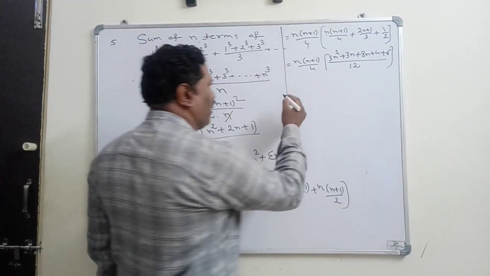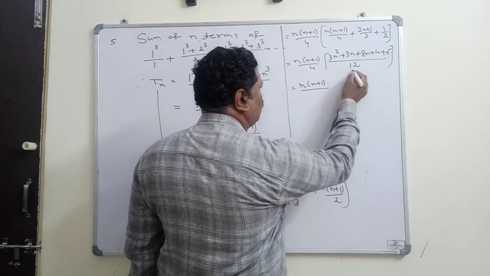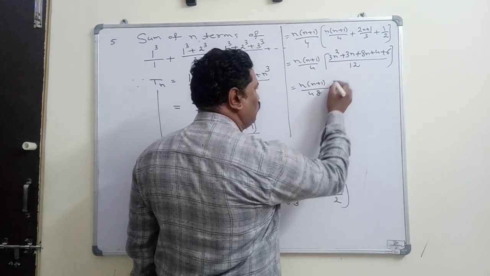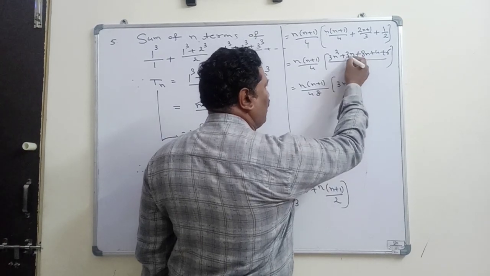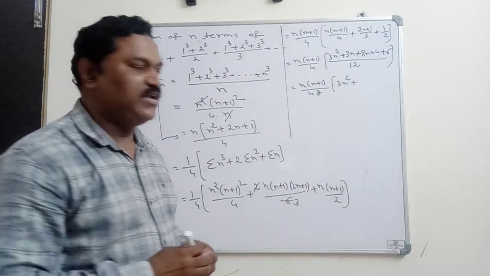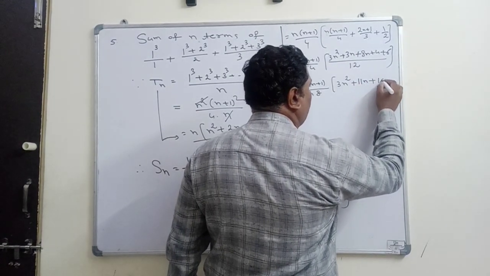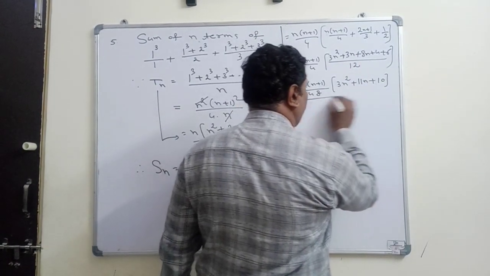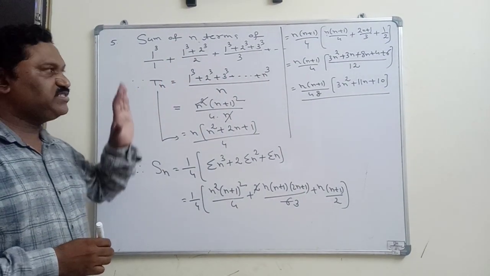Now if you simplify this, it is n into (n plus 1) upon 12 4s are 48, into 3n square plus 8n plus 3n, 8 plus 3 that is 11n, plus 6 plus 4 which is 10. So this is the formula answer for it, that is the sum of the n terms of this given sequence.